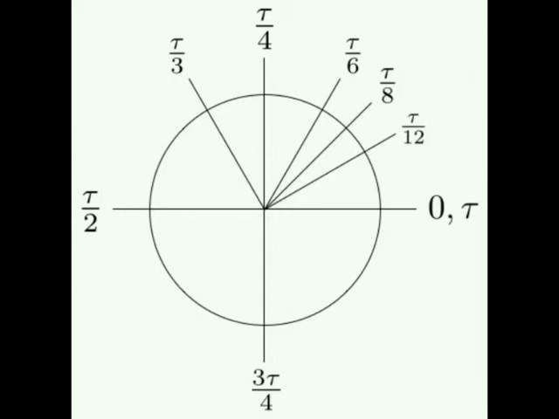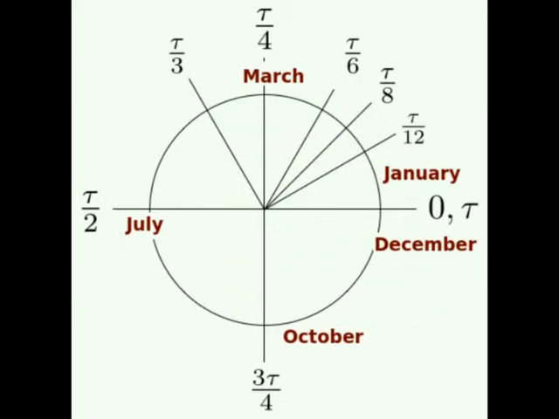Can you think of any more cycles? How about the cycle of day and night? Or how about the cycle of the year, starting in January, going round to December, and starting again in January, going round and round and round. There's another cycle too, the cycle of the moon, going around the earth.